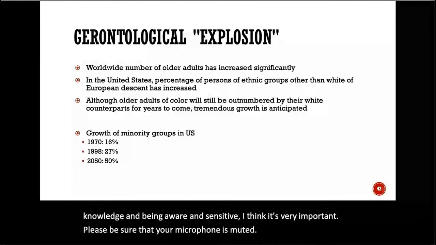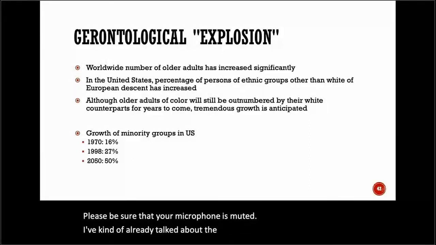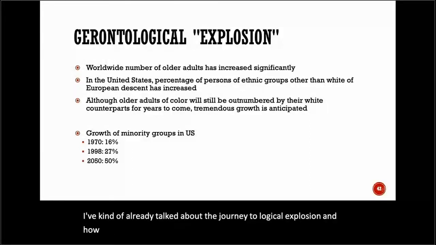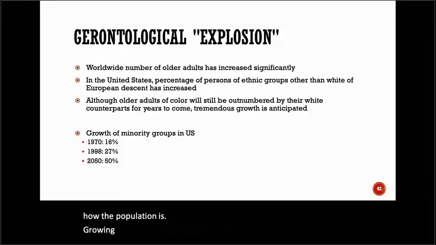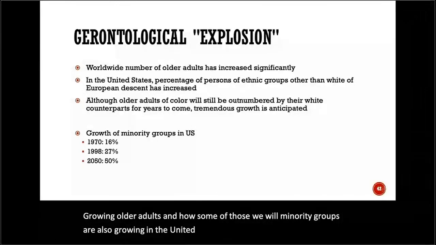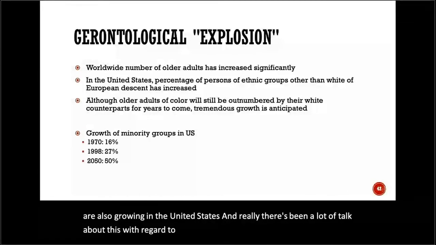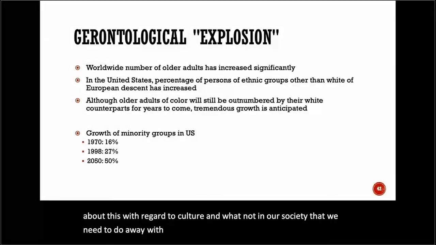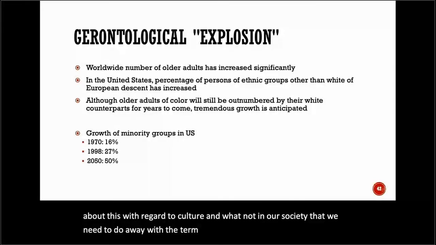I've already talked about the gerontological explosion and how the population of older adults is growing, and how some of those, if we will, minority groups are also growing in the United States. There's been a lot of talk about this with regard to culture in our society, that we need to do away with the term minority, and it's just different groups of people.